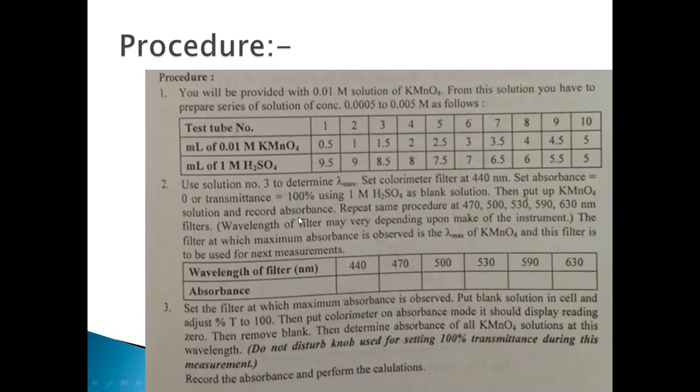This process is repeated for each of the filters available in that instrument. For each filter, you are going to measure the absorbance of solution number 3. Now I will show how this procedure is conducted.